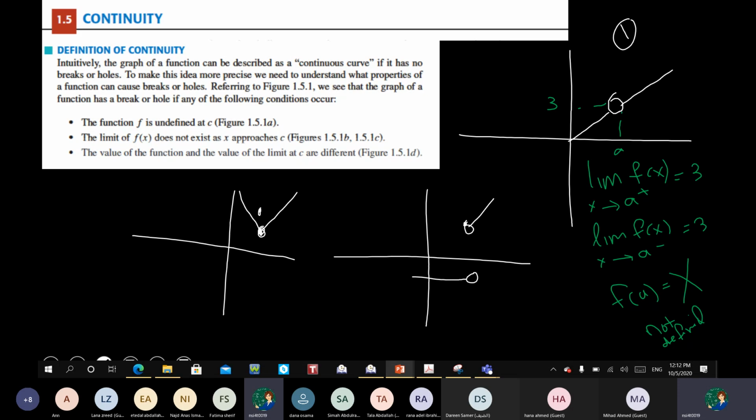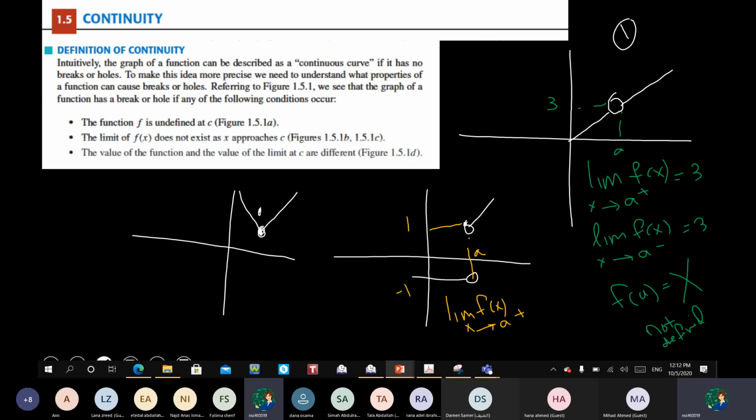Look at the second one here. Now, here also, name it a. Limit f of x when x approaches a from the right: here we have 1 and negative 1.